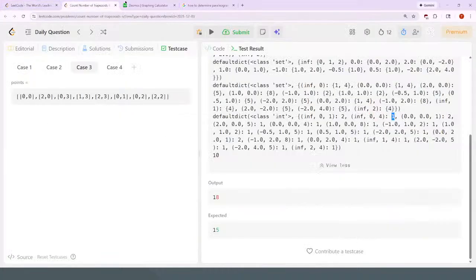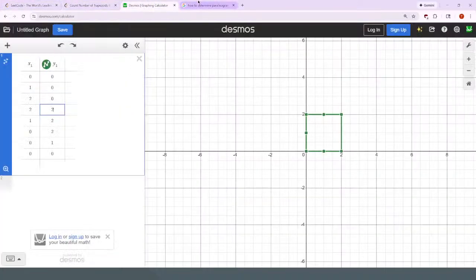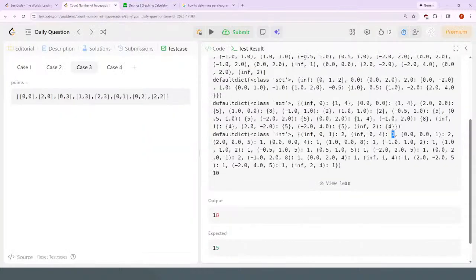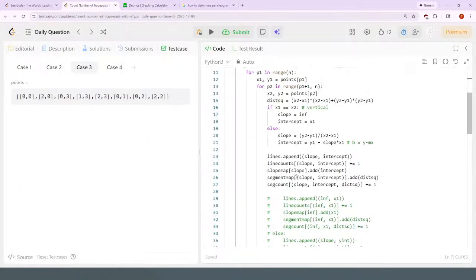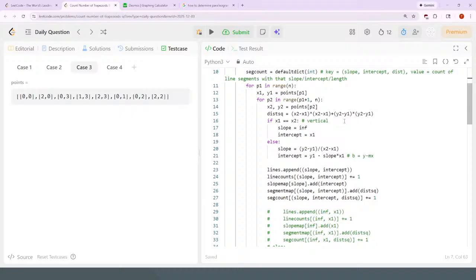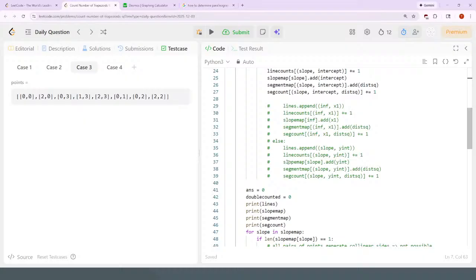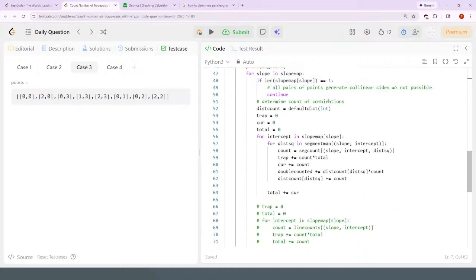So now the calculation of it. Alright, I'm going to stare at this code and see if I can recognize the issue with the calculation. So for every intercept, for every slope, if there's only 1 intercept for that slope, then ignore it.